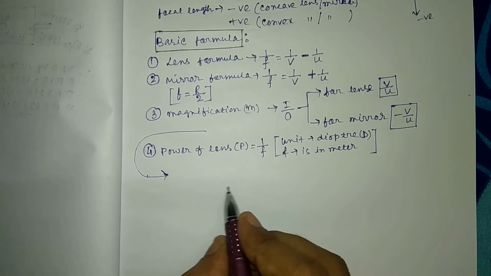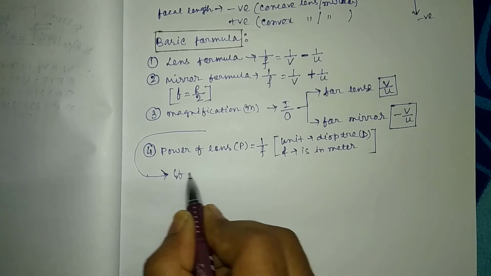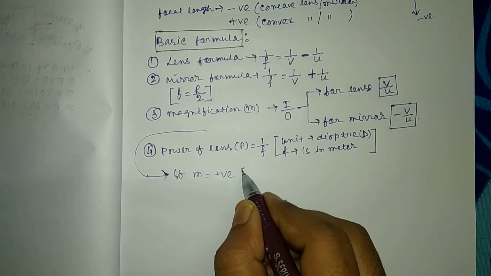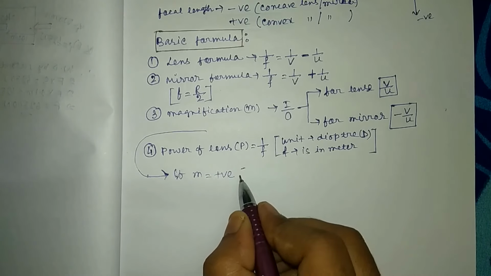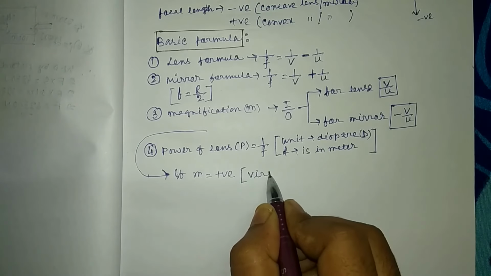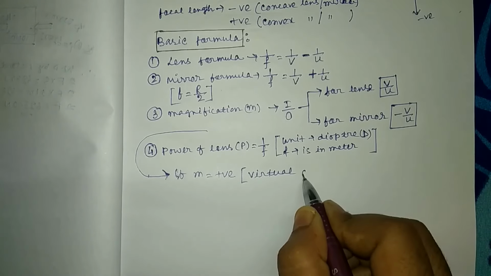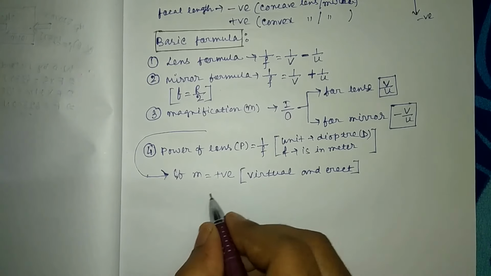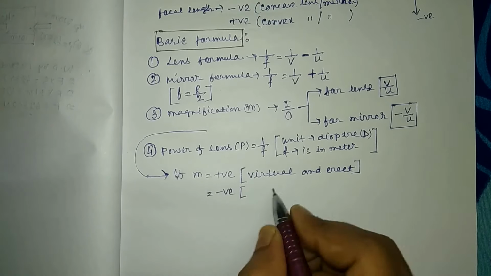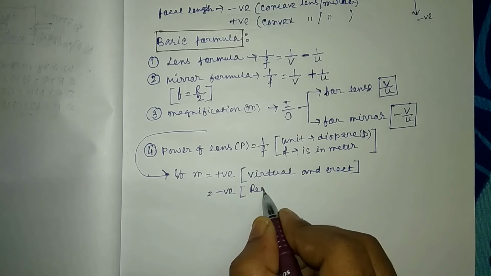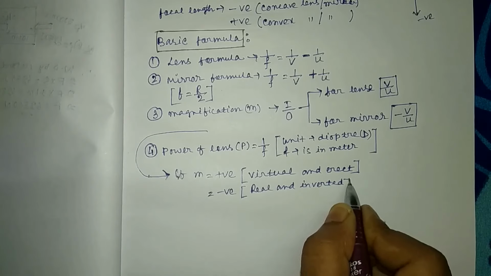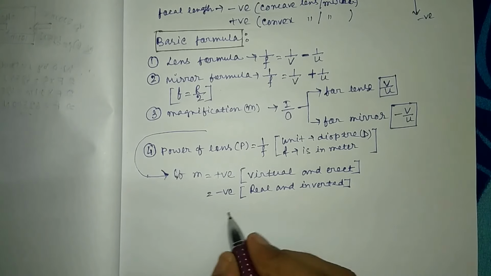Okay, if m equals positive, then the image will be virtual and erect, and if m equals negative, then the image will be real and inverted.